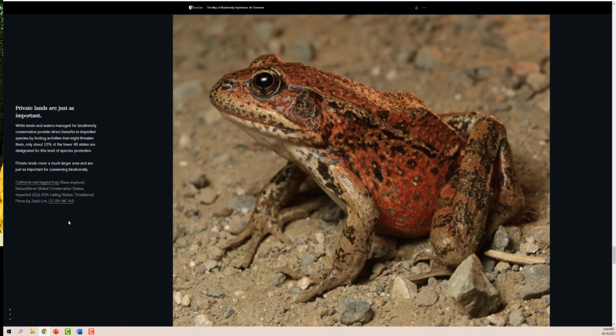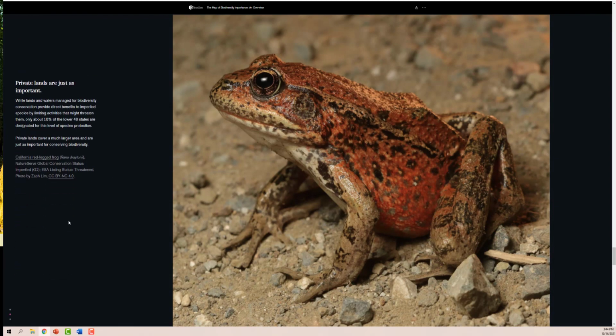So private lands are just as important. While lands and waters managed for biodiversity conservation provide direct benefits to imperiled species by limiting activities that might threaten them, only 10% of the lower 48 states are designated for this level of species protection.